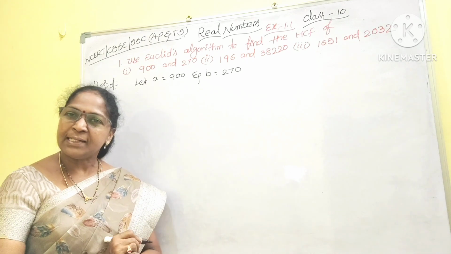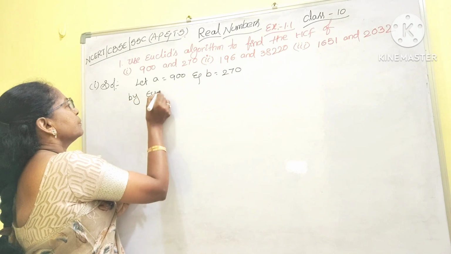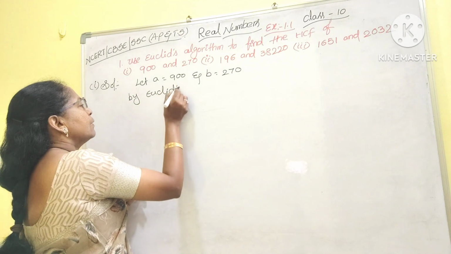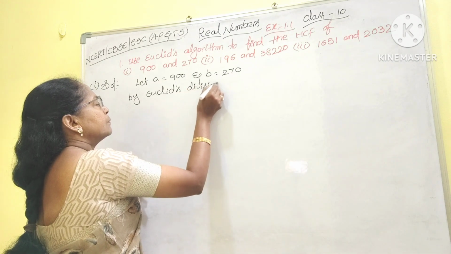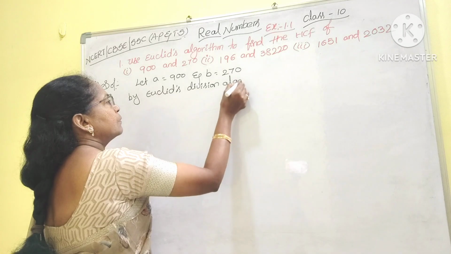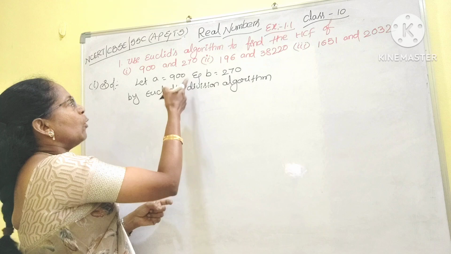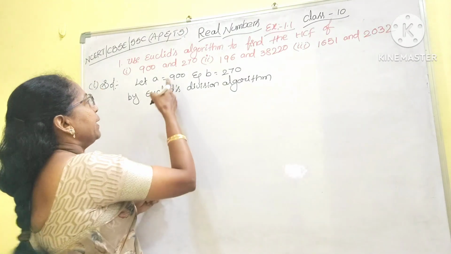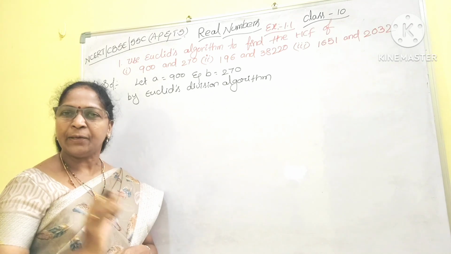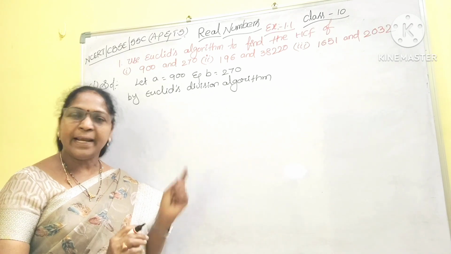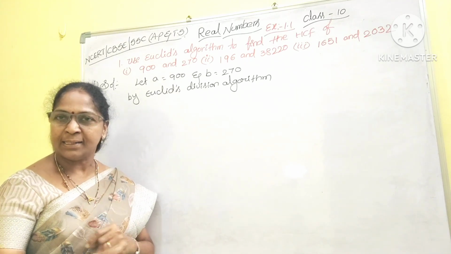Now what is Euclid's division algorithm? According to Euclid's division algorithm, A equals BQ plus R, where A and B are integers, Q is the quotient and R is the remainder.